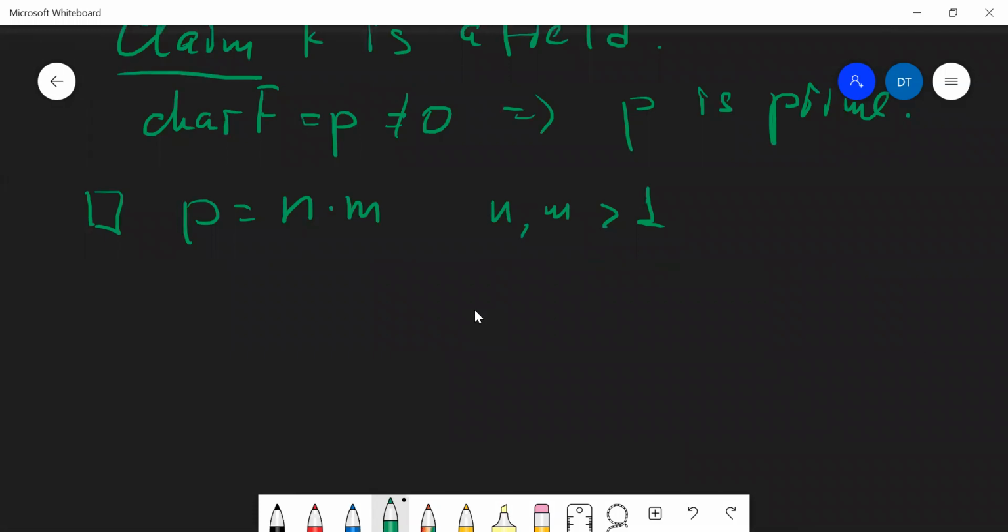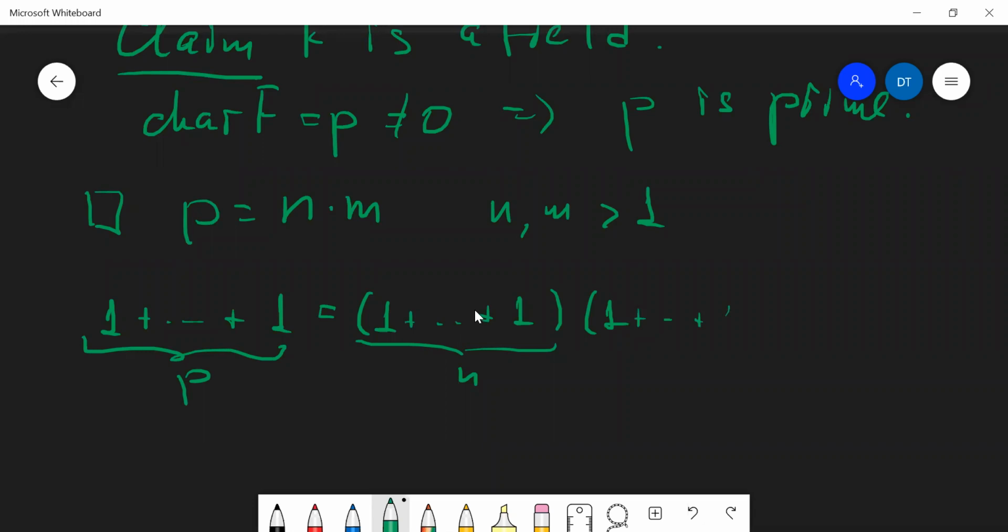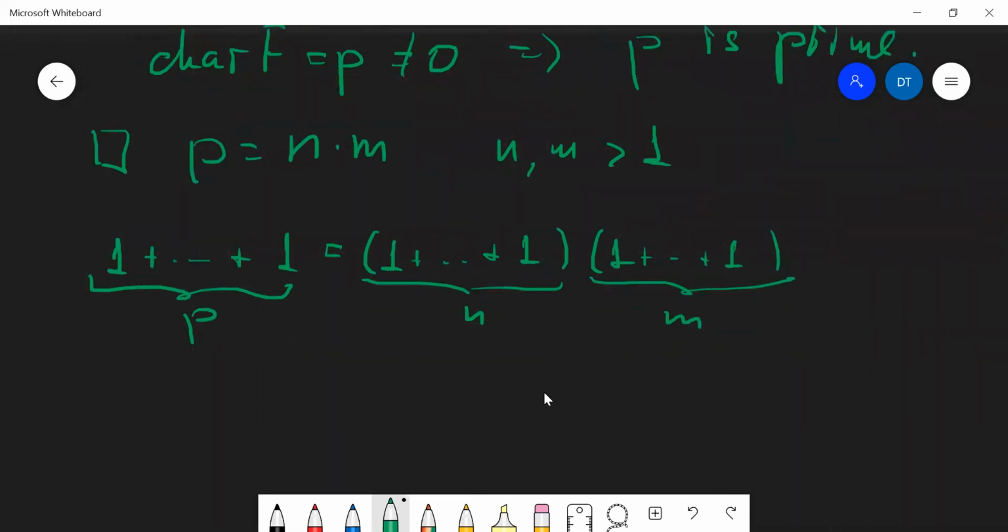In this case, consider the sum 1 plus 1, P times. Well, reorganizing the order of these elements, we can group them up into blocks of n elements, and there are exactly m blocks. So if you just consider the expression on the right and you expand the bracket, you will see that on the right hand side there are exactly P elements.